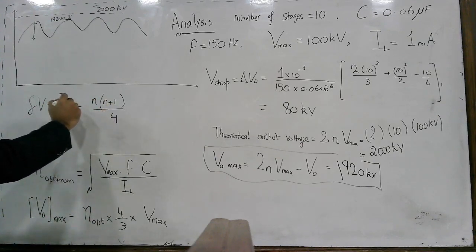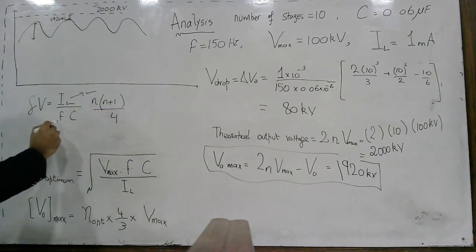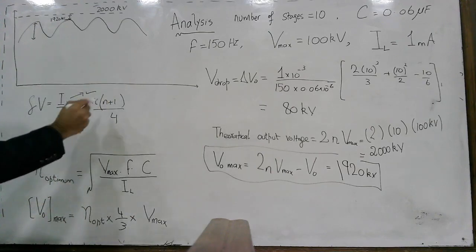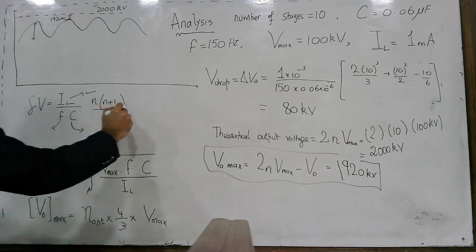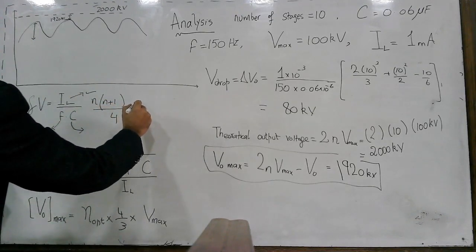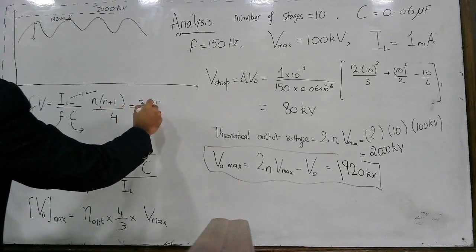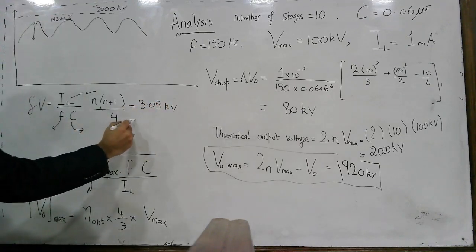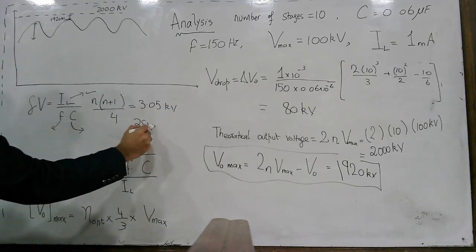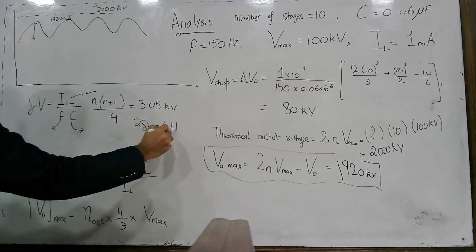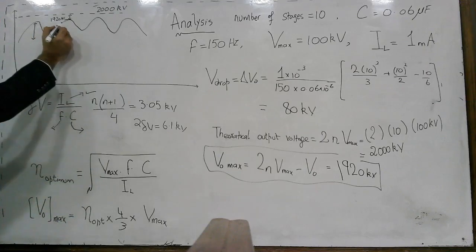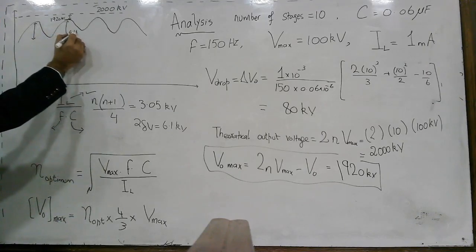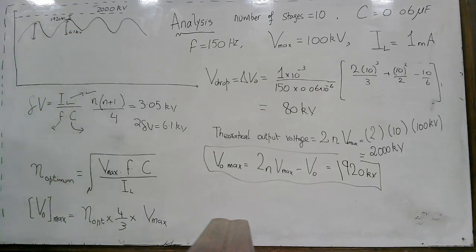You know the load current, which is 1 milliampere, frequency is 150 hertz, capacitance is 0.06 microfarad. So it comes out to be 3.05 kilovolts, and so obviously 2 delta V will be 6.1 kilovolt. So the peak to peak ripple is around 6.1 kilovolt.